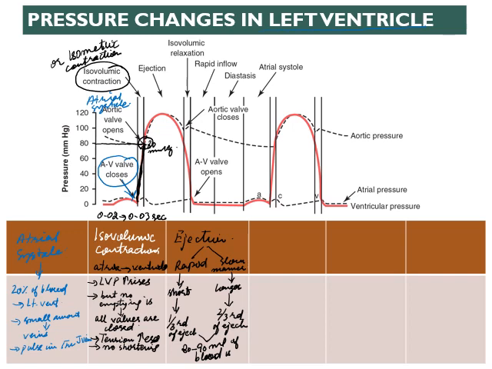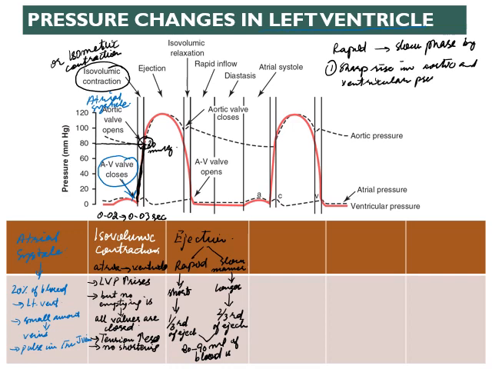A rapid phase differs from slow phase by number 1, sharp rise in aortic and ventricular pressure occurs.